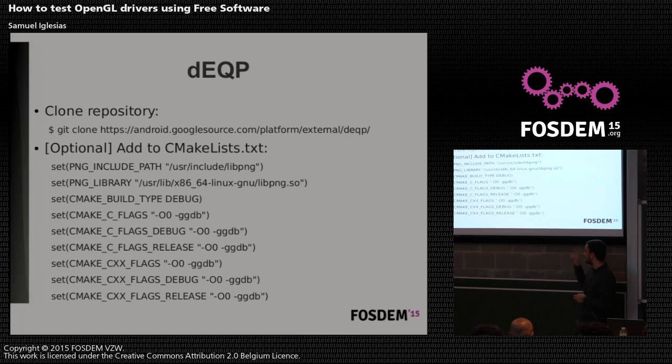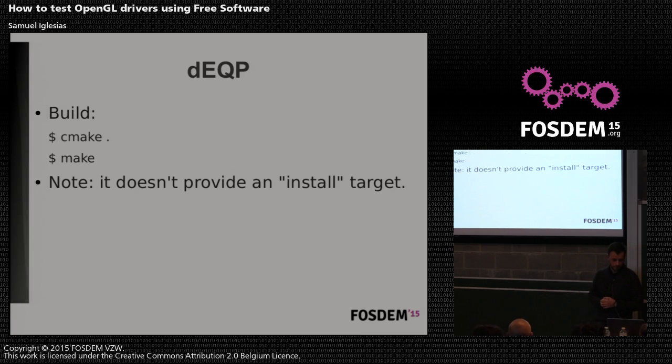The other lines are just to enable the debug build, because sometimes you really need access to GDB, to run a GDB session to understand what the test does and what OpenGL calls are done. Then you just configure it with CMake and make. Notice that it doesn't provide a make install target, so it is meant to be run inside the build directory.